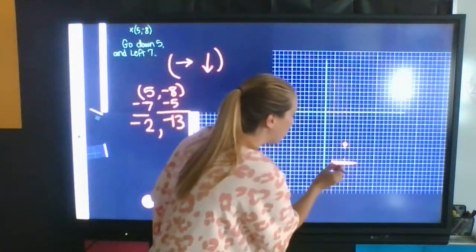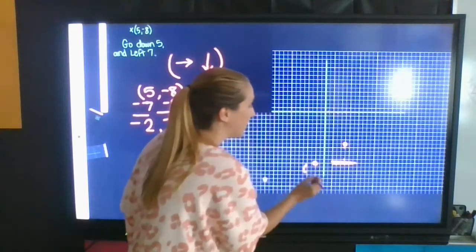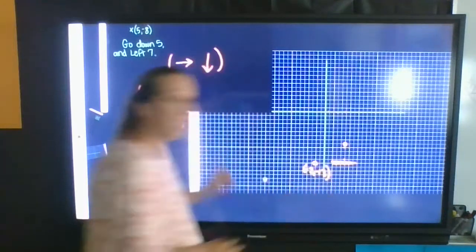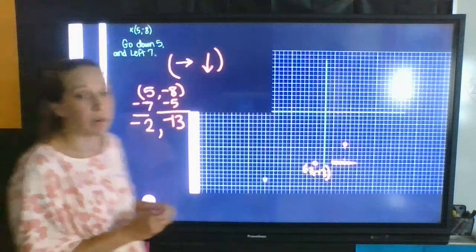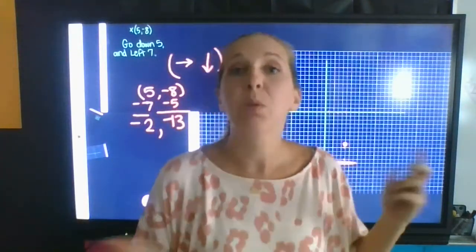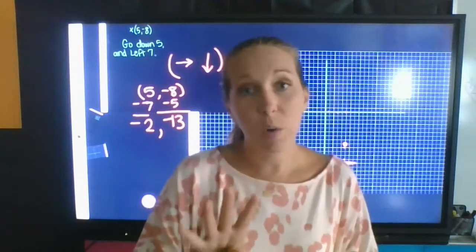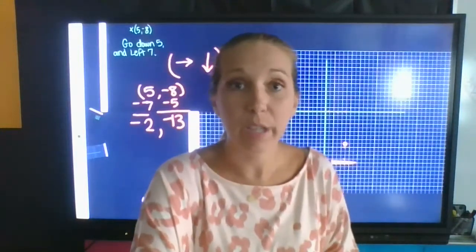So 1, 2, 3, 4, 5, 6, 7, which you can tell puts us at negative 2, negative 13, which is exactly where we were when we added and subtracted our integers here. So just remember, your x-axis deals with rights and lefts, and your y deals with ups and downs. And there are 4 quadrants. Use counterclockwise, use that C to make sure that we get all of that in the right quadrant and we understand those ordered pairs.